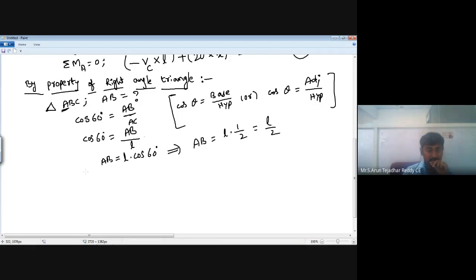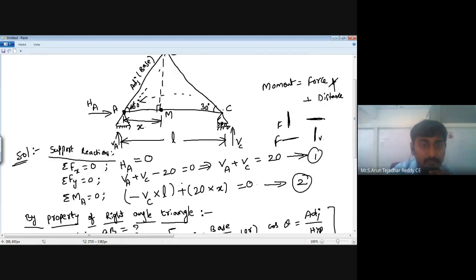Next, calculate the X value. Take AB as a reference and calculate the X value, because here X is the unknown value. From the triangle, X distance is from point A to point M only.